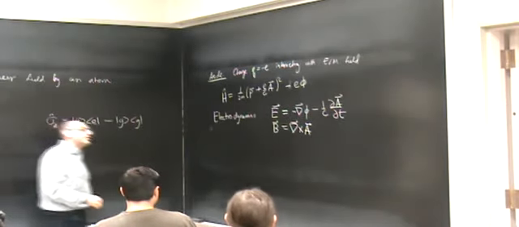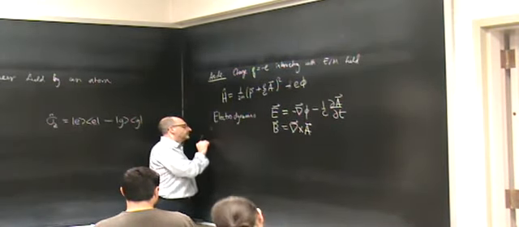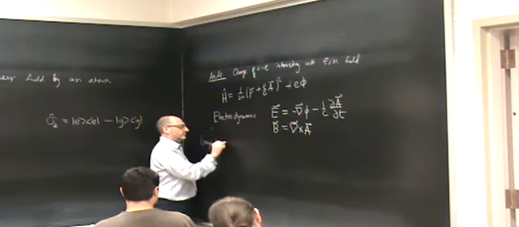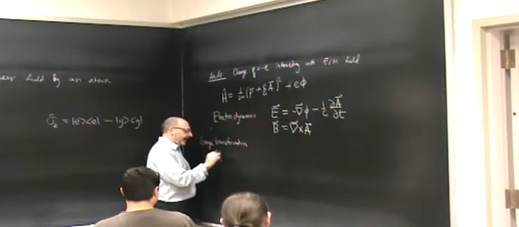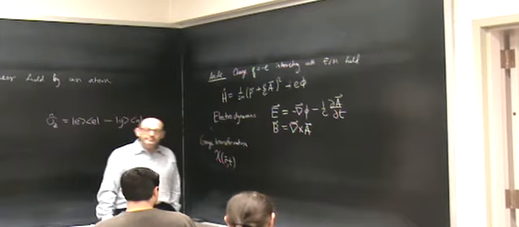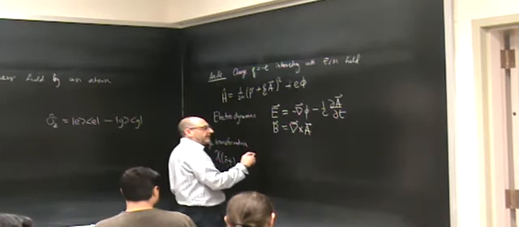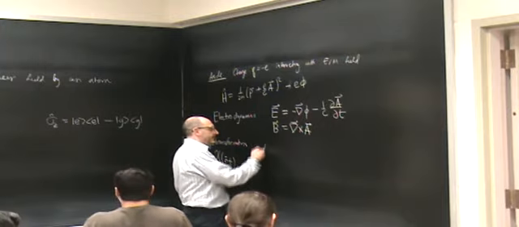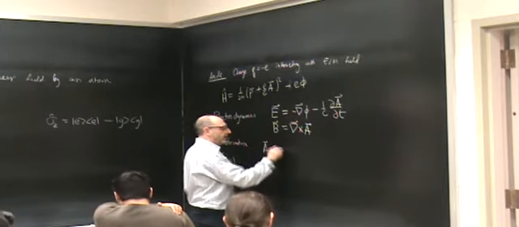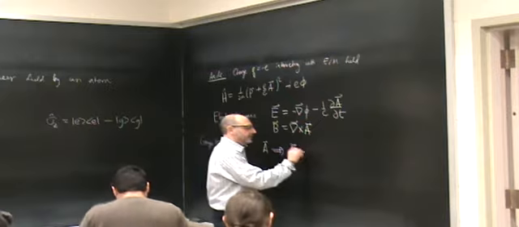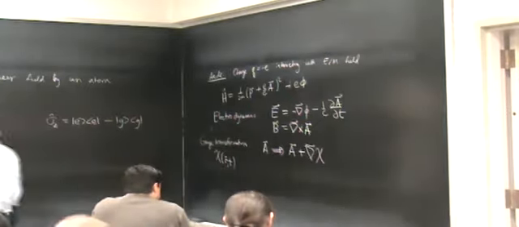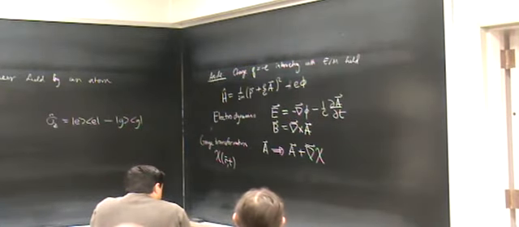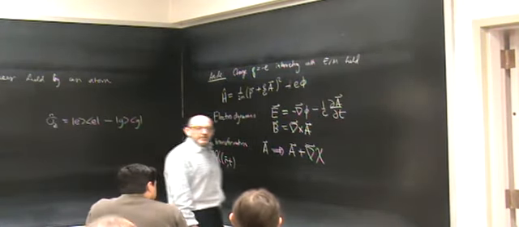If I do a gauge transformation, so if there's some gauge function, now the gauge function can be a function of position and time. I can allow that. And under a gauge transformation, as before, we can change the vector potential by adding to it the gradient of any gauge potential, and that will in no way change the magnetic field.